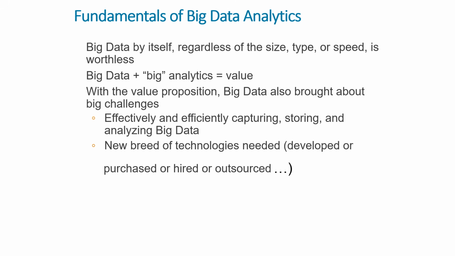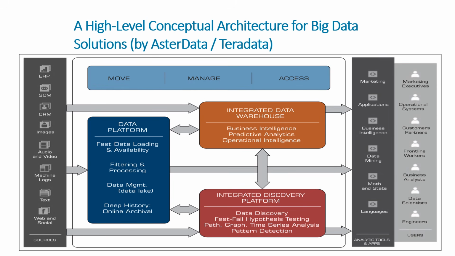Now we are understanding the structure and the high-level conceptual architecture for big data and solutions. We have the ERP and the CRM, images, audio, video, machines, text, web, and social media data. These sources give you the overall structure of the data.